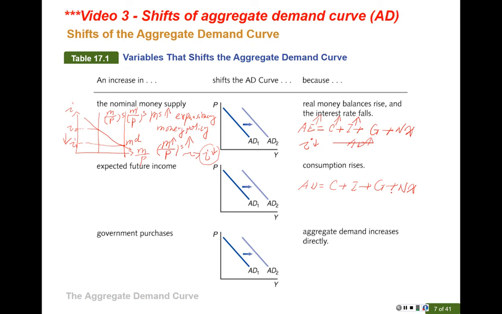Try to imagine if you get a really good job and your paycheck will jump up a lot, you probably will start to spend more money. So which means the consumption, this component, will go up, which pushes up the aggregate expenditure, and means aggregate demand goes up. So the whole aggregate demand curve will shift to the right.